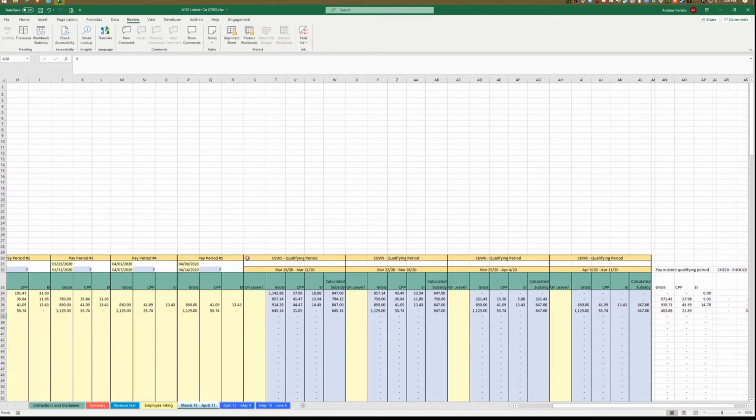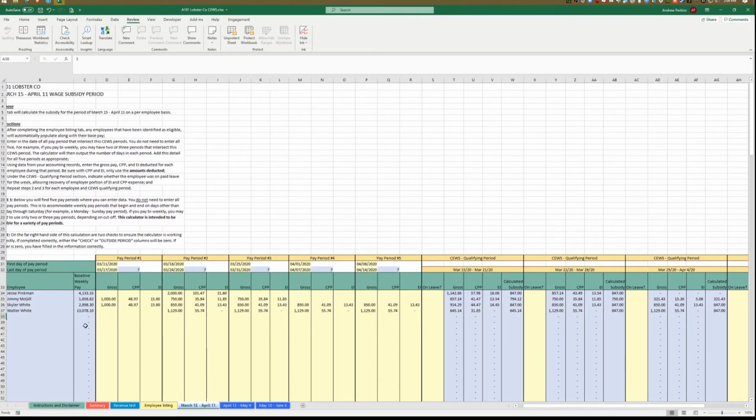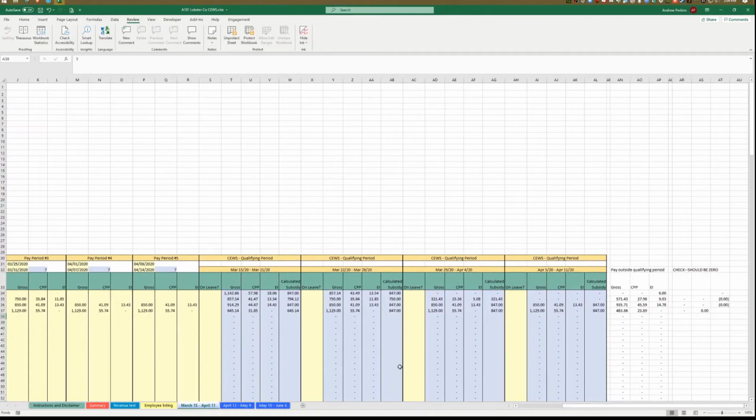There are still a few columns here that you can enter. Under each wage subsidy period, you have the ability to indicate, was this person on leave? Yes or no. We already said that Skylar and Jimmy were put on leave. This is important. The reason being is there is an adjustment that is in the Act that will allow you to claim EI and CPP expense back from the government if you've told an employee to stay at home with pay.